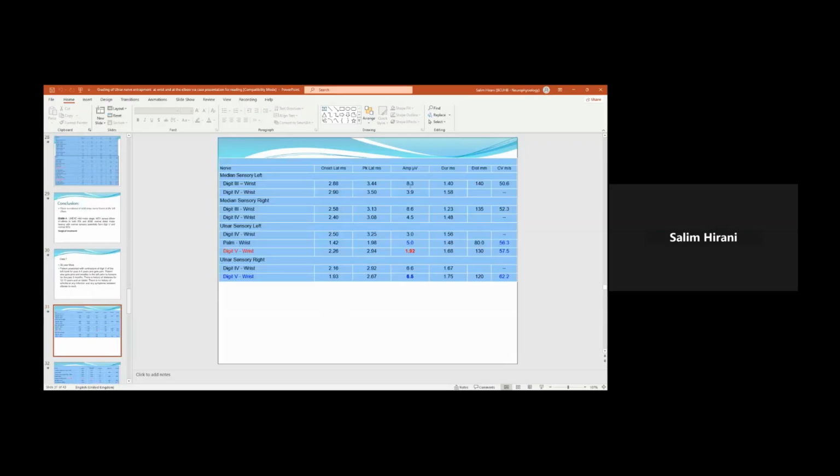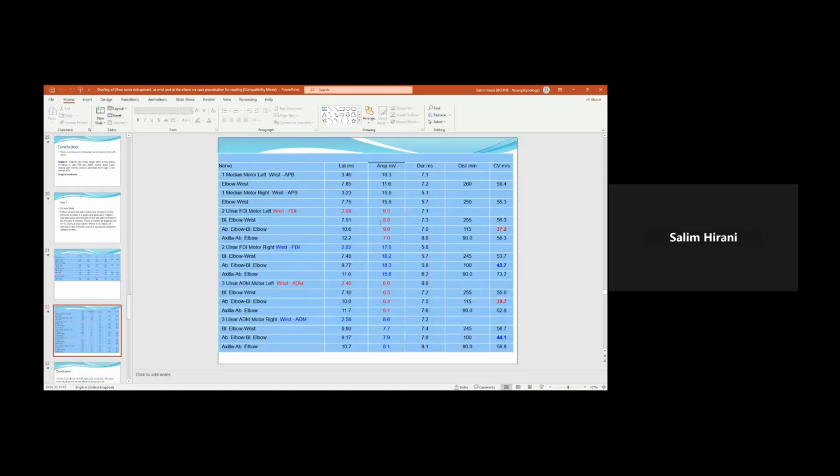So when we did the test, amplitude in digit 3 was bilaterally normal, with normal conduction velocity on the median side. For digit 5, the amplitude from digit 5 to wrist was low, but palm to wrist was normal with normal conduction velocity. On the other side, digit 5 to wrist was normal.